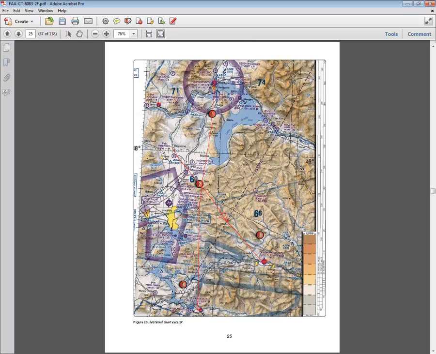If you take your plotter, you can measure the direction, the true course. I put my plotter on the question, and it looks like the true course from Sandpoint to St. Maries is about 180 degrees, no, about 181 degrees.